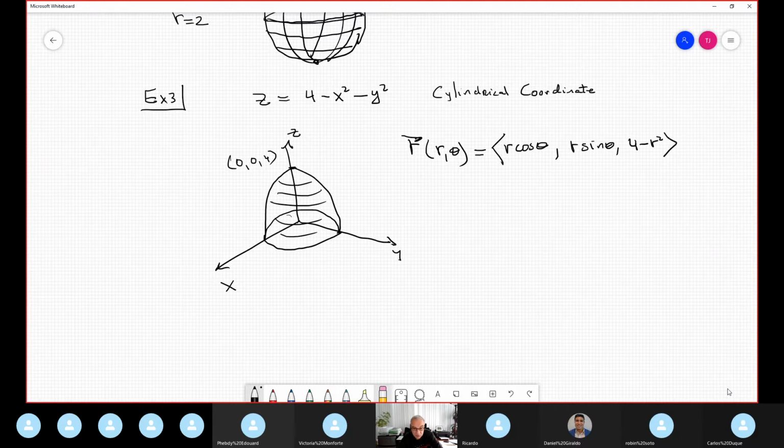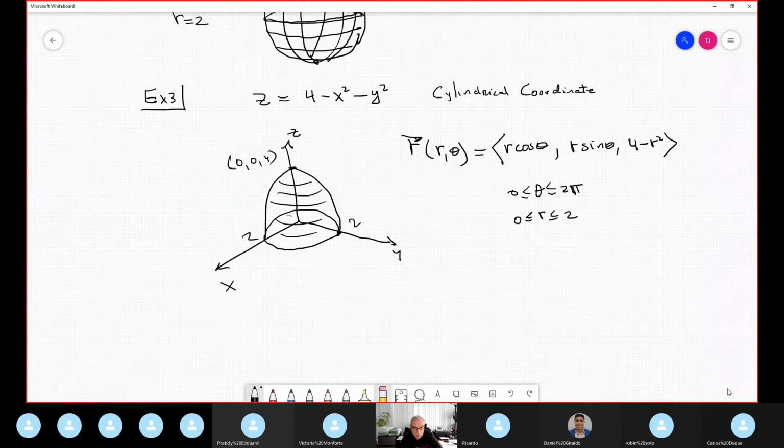And the definition of the domain is theta varies from 0 to pi, and r varies from 0 to 2. How do you get 2? Well, 2 is this radius. This point is the point 2, and the radius is 2 in this example.